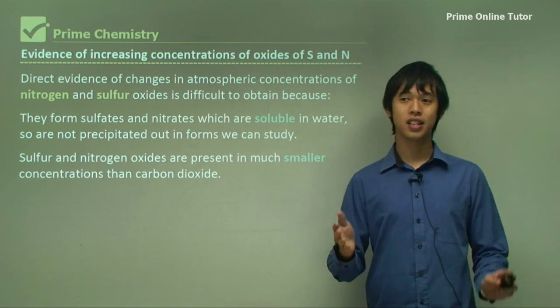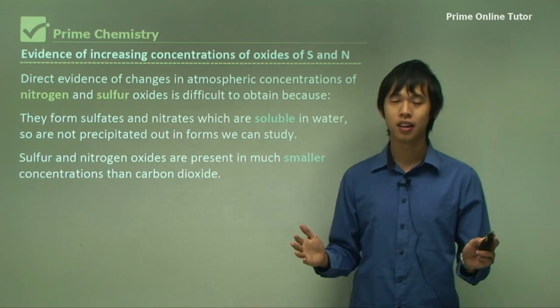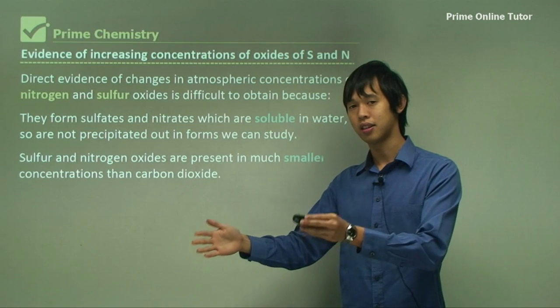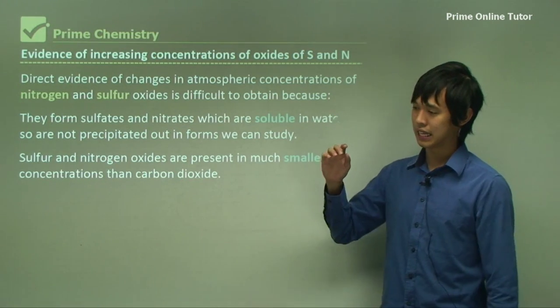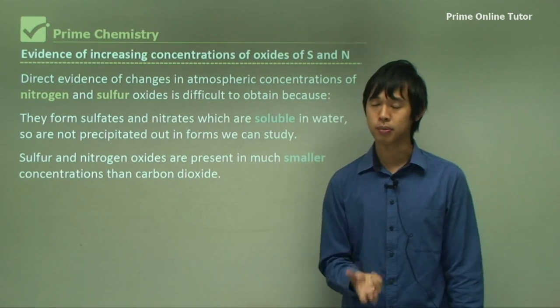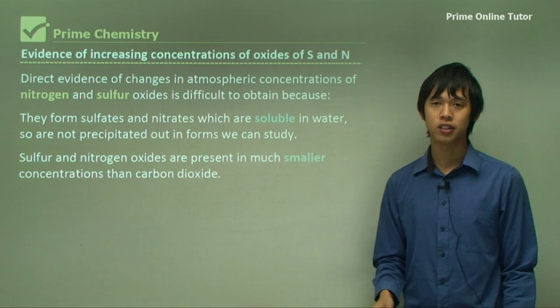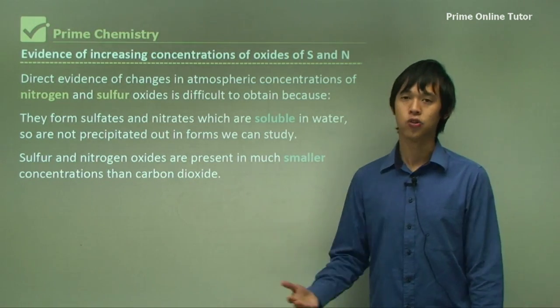So you can see that's 1,000 times more carbon dioxide than sulfur or nitrogen oxides. The kind of dilution of carbon dioxide throws our measurement ability, because it's very hard for us to detect these very low concentration sulfur and nitrogen compounds.